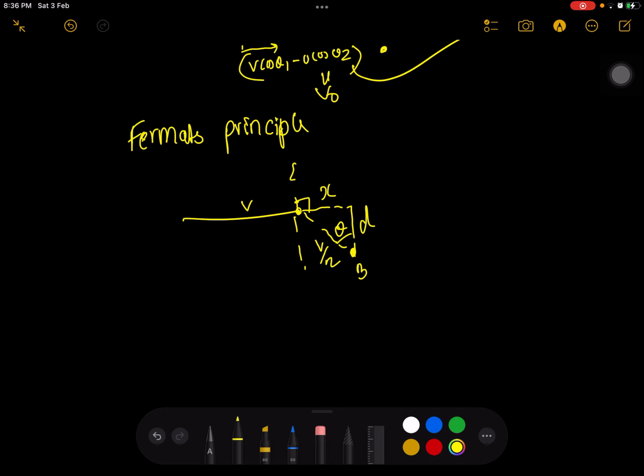So Snell's law. So v sine theta equal to v by eta sine theta.